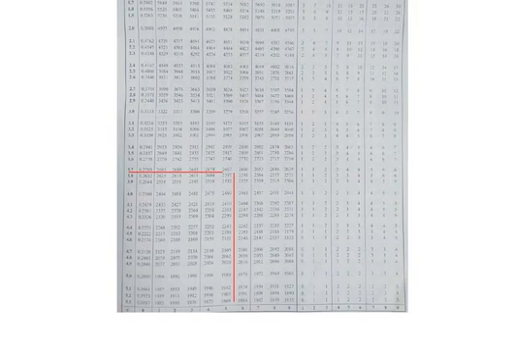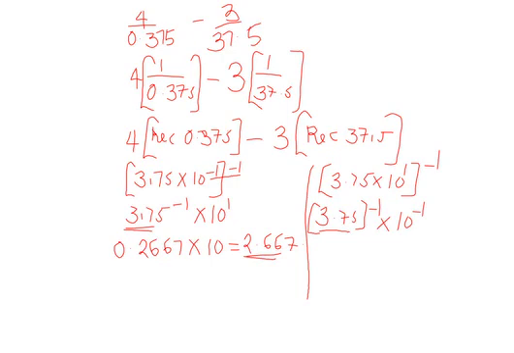So we have that reciprocal as 0.2667 multiplied by 10 power -1, which will give us 0.02667.